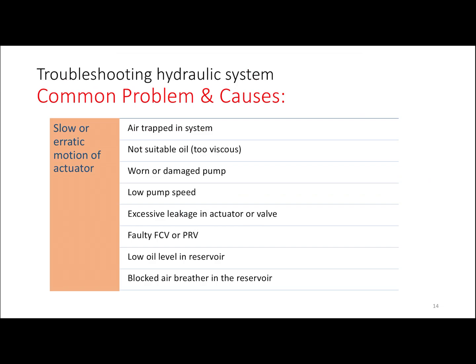If the PRV is faulty, meaning low pressure, it cannot control pressure anymore. And the next cause is low oil level in the reservoir. And the next cause is a blocked air breather in the reservoir, meaning it is related to the design of the oil tank.